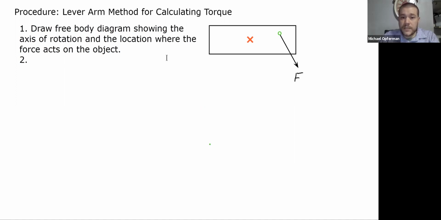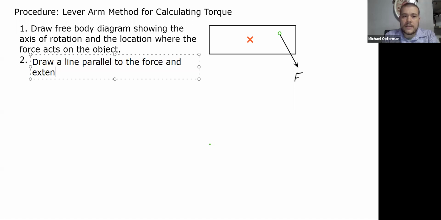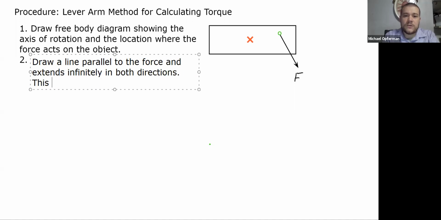All right, now, step two is completely different in this method. Step two says you want to draw a line that is parallel to the force vector and extends infinitely in both directions. And this is called the line of action.